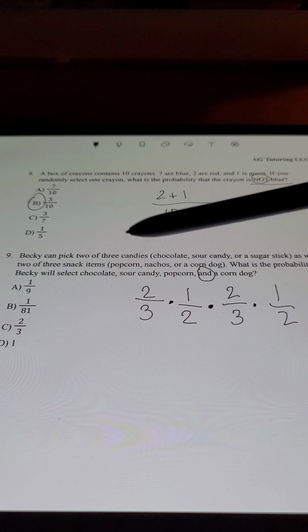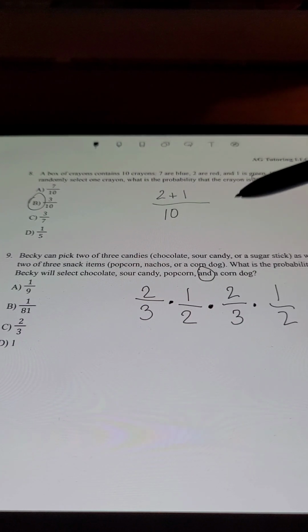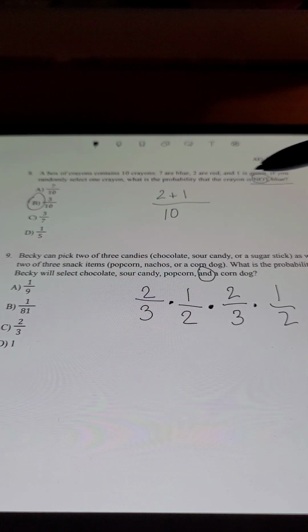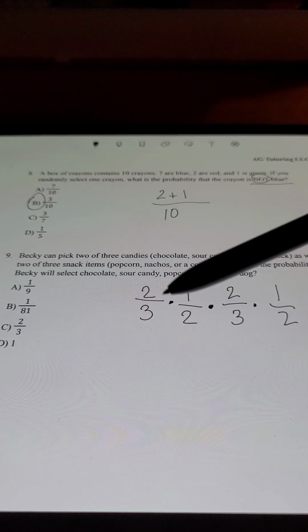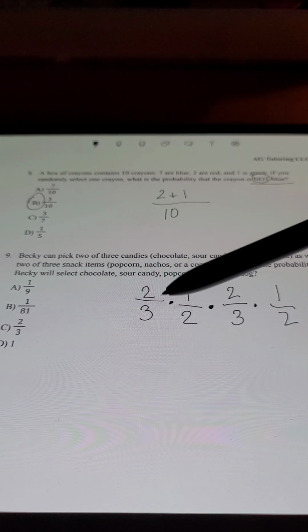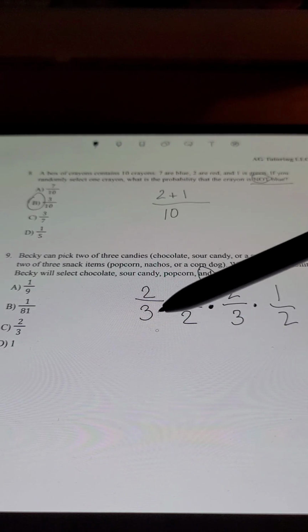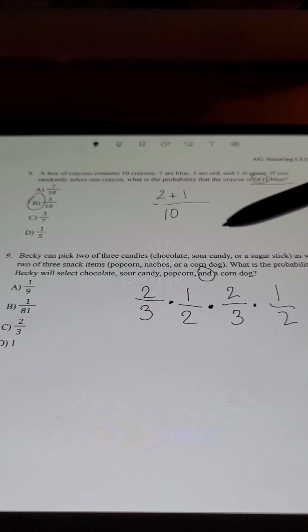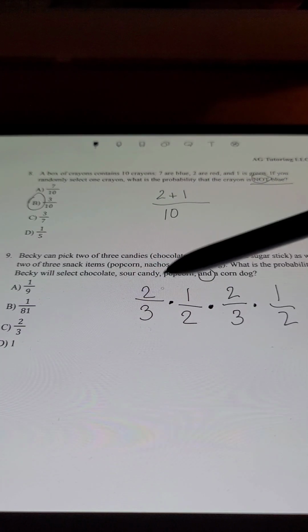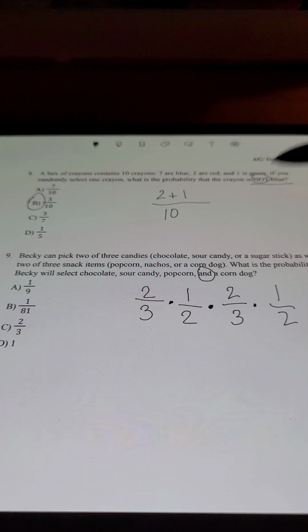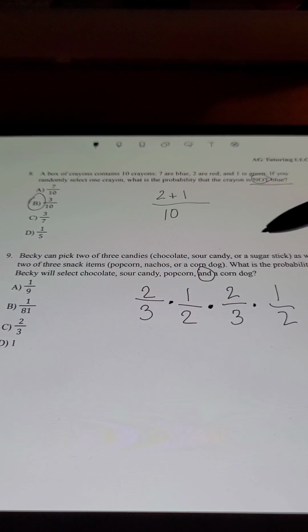So if they're picking 2 out of 3 candies, the probability, I should say, would be that 2 out of the 3 that they're going to pick could be like the chocolate and the sour candy. So after that, they're going to have only 2 options left to pick from, because they're going to have picked 1 out of those 3 candies already.